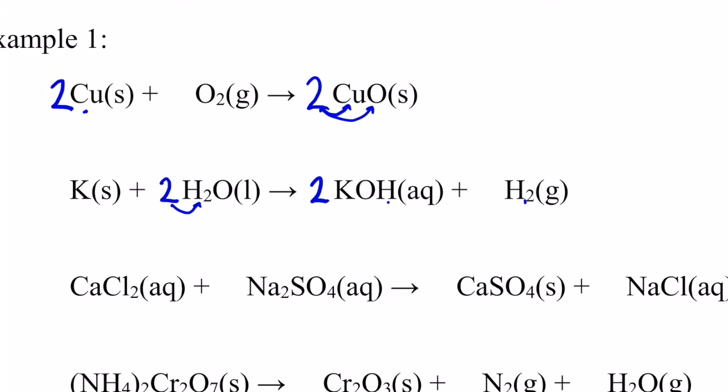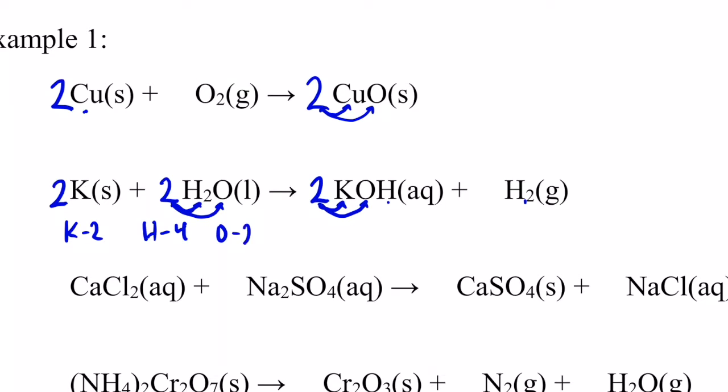But on the reactant side, I have 2 oxygens and 2 oxygens on the product side. I have 2 potassiums on the product side, so if I put a 2 in front of the potassium here, I now have 2 potassiums on the reactant side. Now I believe this reaction is balanced. Let's check. Potassiums, there are 2. Hydrogens, there are a total of 4, because I have 2 H2O molecules.